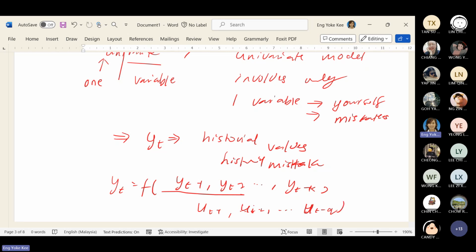Oh, so your historical value helps you to predict the future value. Okay, so this is what we call a univariate model. Past historical value is informative to forecast future value.